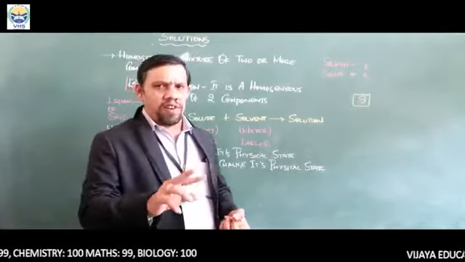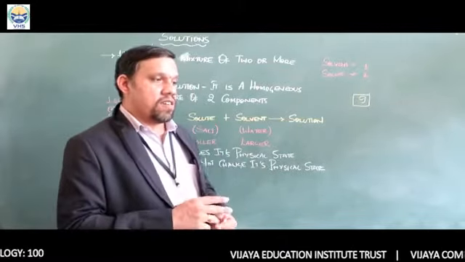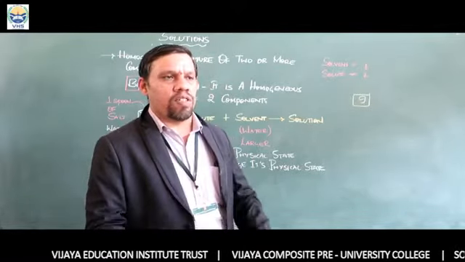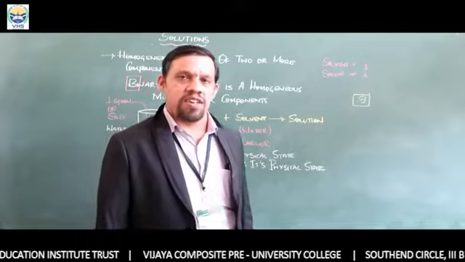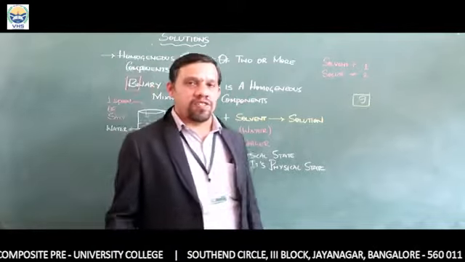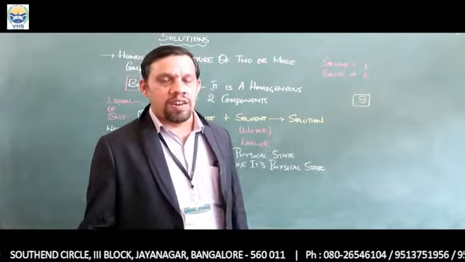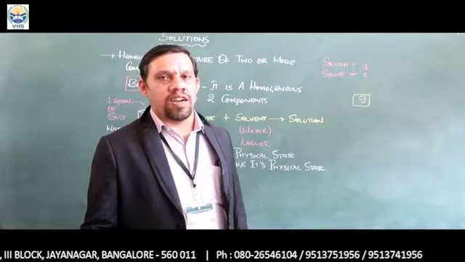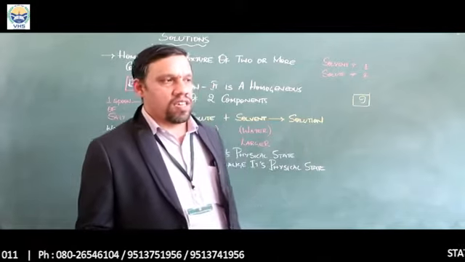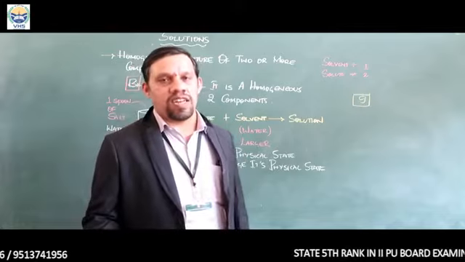These are different combinations based on the physical states. In the general case, we can classify solutions into 3 types: solid solution, liquid solution, and gaseous solution. A solid solution is a solution in which the solvent is solid, but the solute can be solid, liquid, or gas.